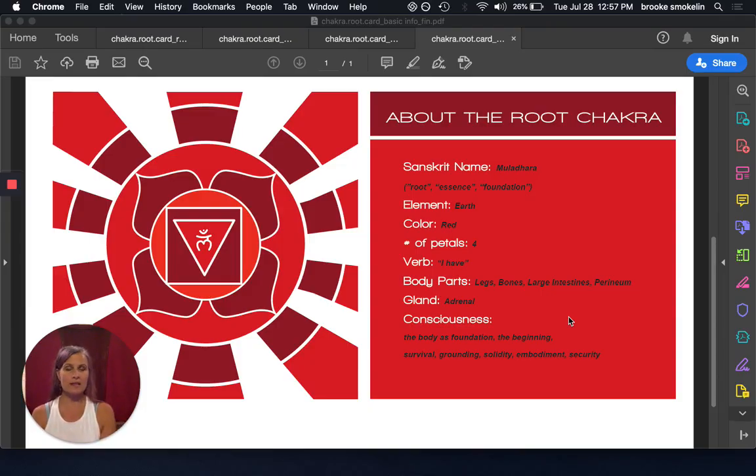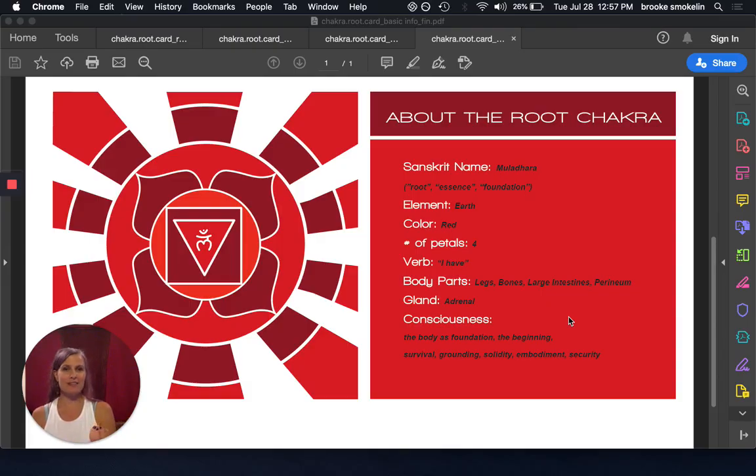We'll get more into that later, but that gives a little support to this color theory and practice that I'm using in Chakra Activation Yoga. Again, the number of petals is 4.